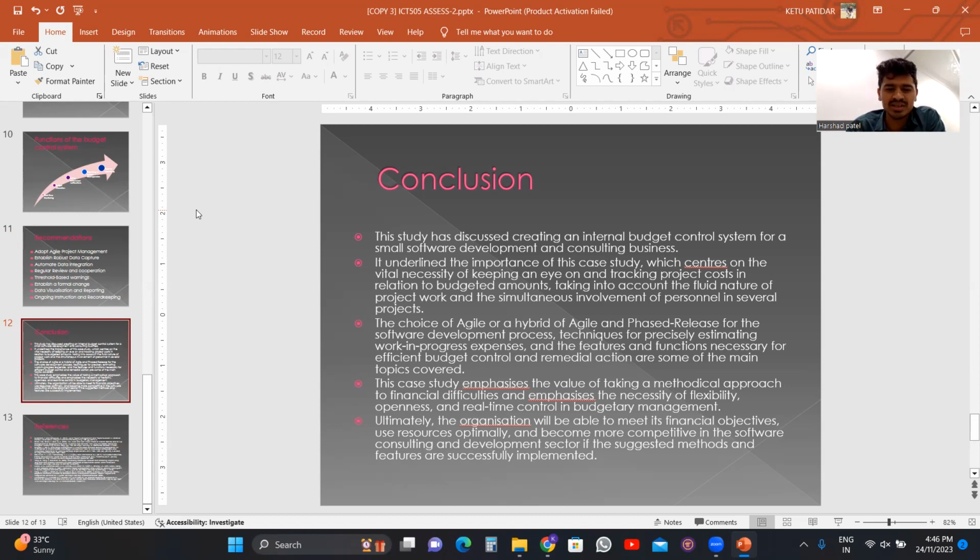This case study highlights the approach to financial difficulties and the necessity of operational and real-time control in budget management. Ultimately, the organization will be able to meet financial objectives, use reserves optimally, and become more competitive in the software development sector if the suggested methods are successfully implemented.